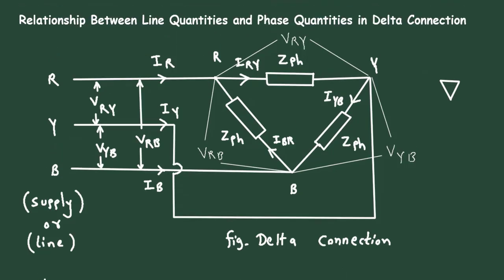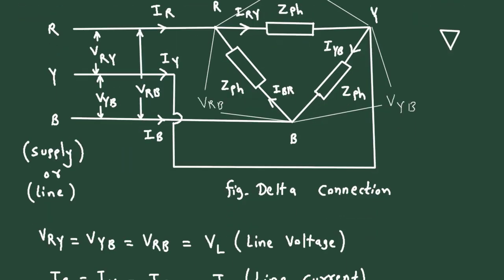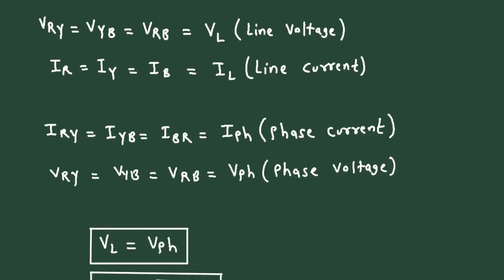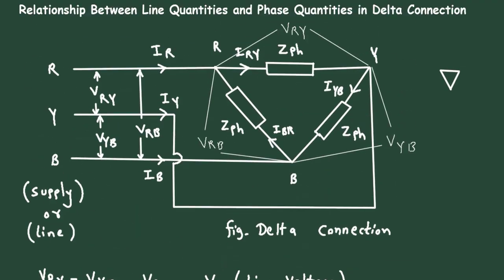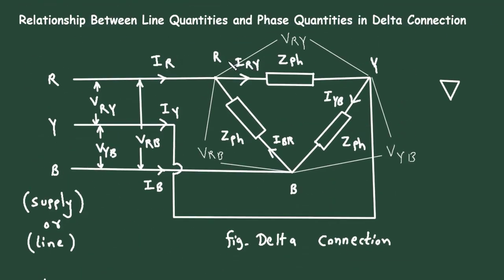Now the only remaining quantity is phase voltages. So here we can see VRY is equal to VYB is equal to VRB. These are called phase voltages. The voltage between R and Y is called VRY, and this is the phase voltage.